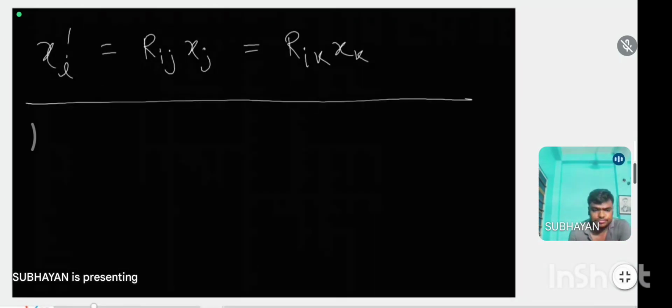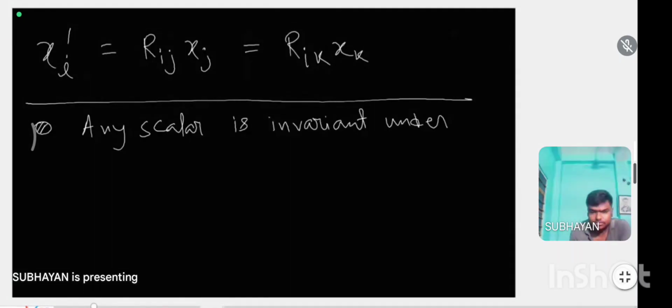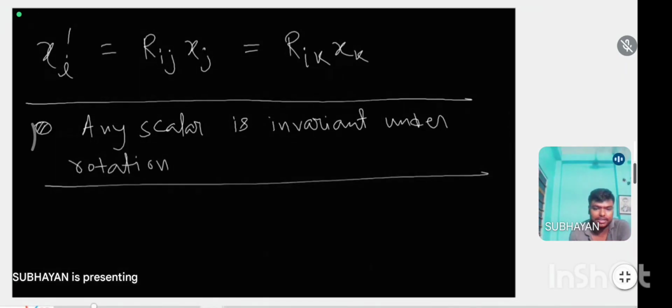Now you know any scalar is invariant under rotation. Any scalar must be invariant under rotation.